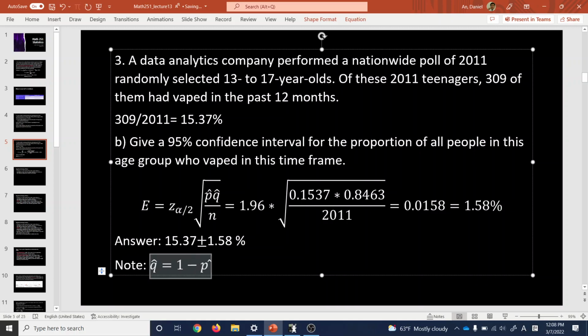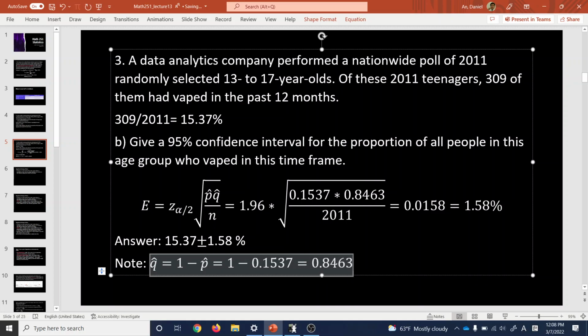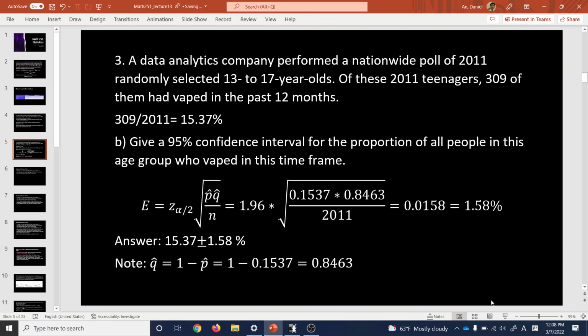Which is 1 minus 0.1537, which is 0.8463.